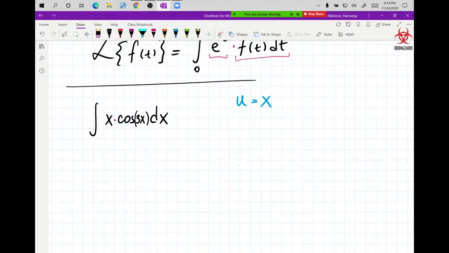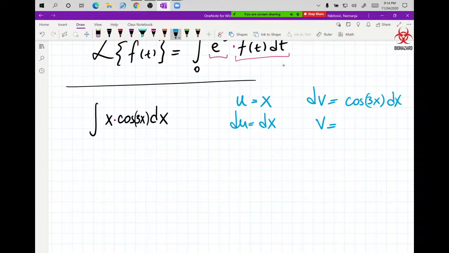And the rest we're going to stuff into the dv. So the dv part has to contain the dx part because that's the side that you will integrate.